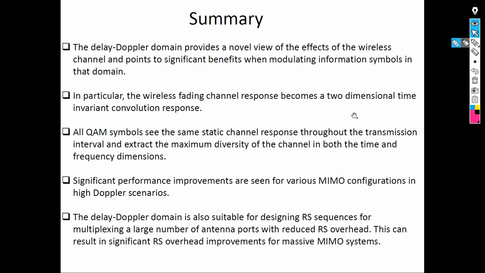So in summary, the OTFS waveform is a two-dimensional waveform that uses the symplectic Fourier transform and that can map and couple with a two-dimensional delay Doppler channel. In this topic, the delay Doppler domain provides a novel view of the effects of the wireless channel and points to significant benefits when modulating information symbols in that domain.